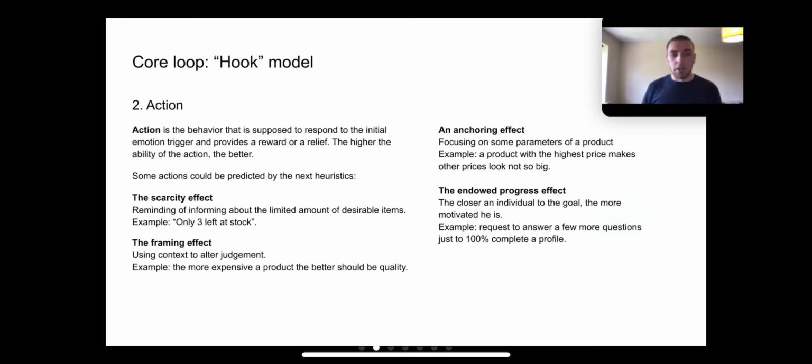It could also be a framing effect, where we take one quality of the object and project it to the entire product. Like if it's expensive, then it's good quality. And there are other methods as well.